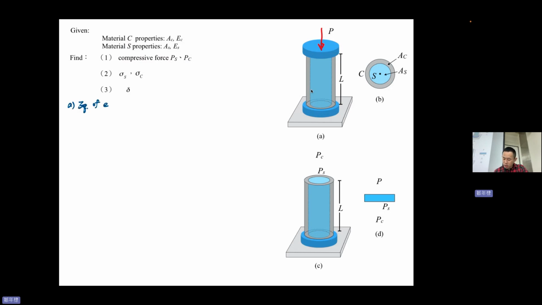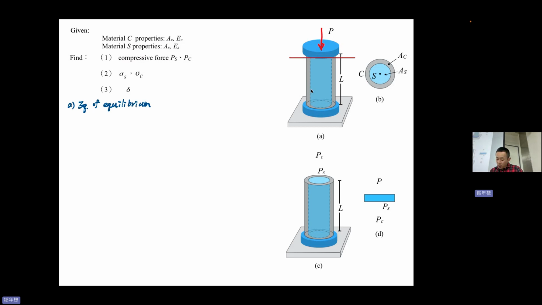equation of equilibrium. Okay, force equilibrium. So what is the force diagram? You can imagine that the force downward, and then if you want to see the internal force, we just cut it, right? Remember what I always said.